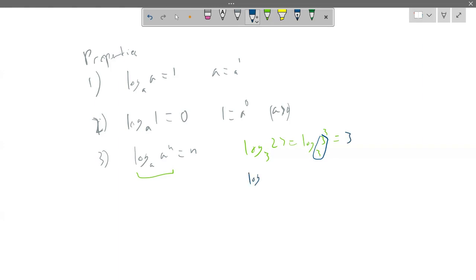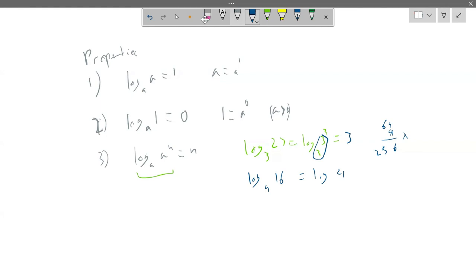Another example is log of 256 base 4, for instance. So what is 256? We can express 256 as 64 times 4. Actually, no, I don't want to give you the impression that this only works when the three numbers are the same. You know what? Okay, I'll go with 16, a bit simpler.